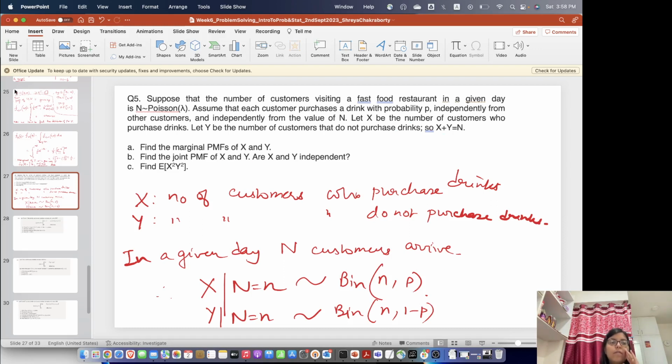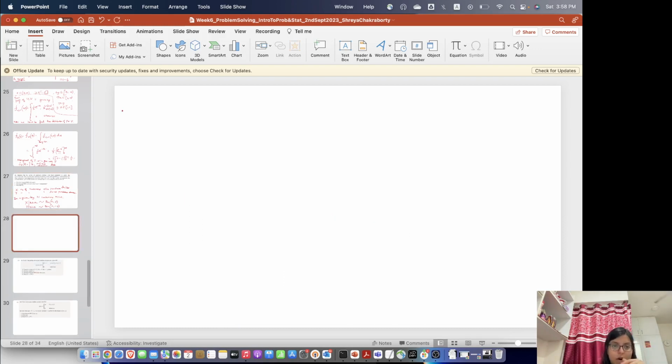So now, given this formulation, the marginal PMF of x is given by probability x equal to k, let's say.